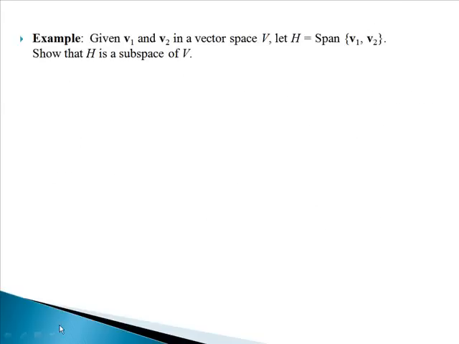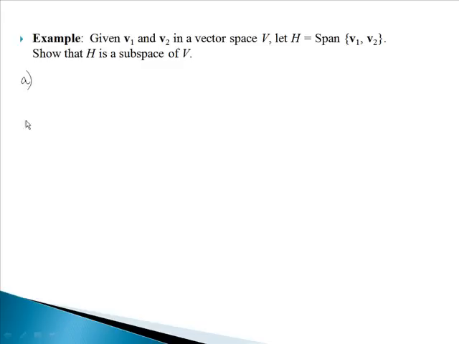In this example, given v1 and v2 in a vector space V, we're going to let H be equal to the span of those two vectors, and we want to show that H is a subspace of V. And remember the definition of span, that's the set of all linear combinations of those two vectors.